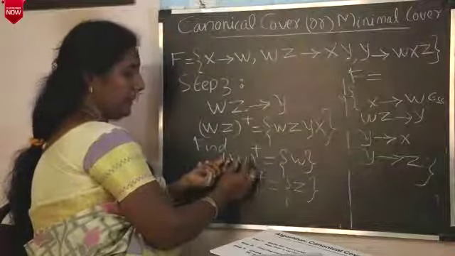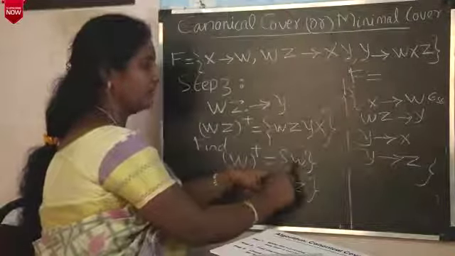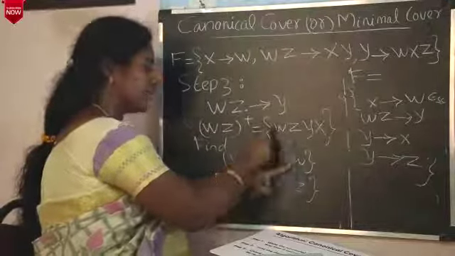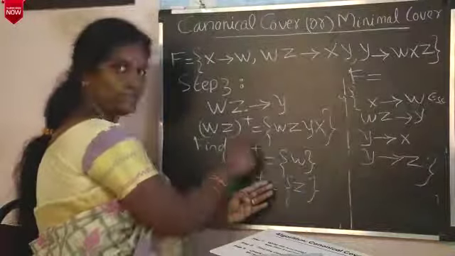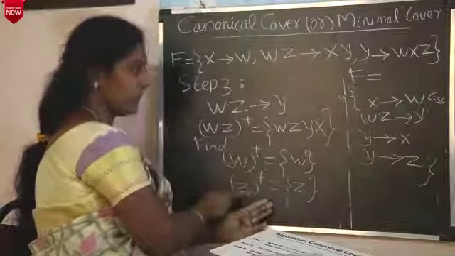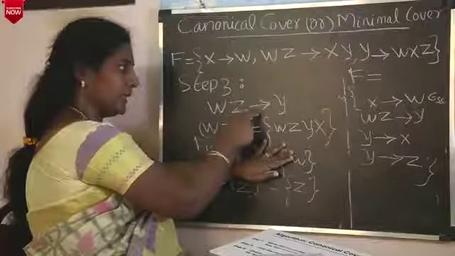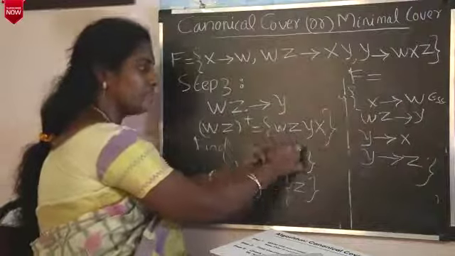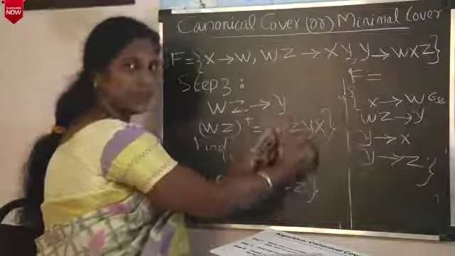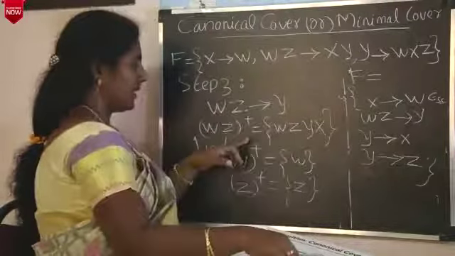So w or z alone cannot get the closure of this set. The same set cannot be derived through w closure or z closure. So we cannot remove even one attribute from this functional dependency. Both attributes are needed to get this closure.